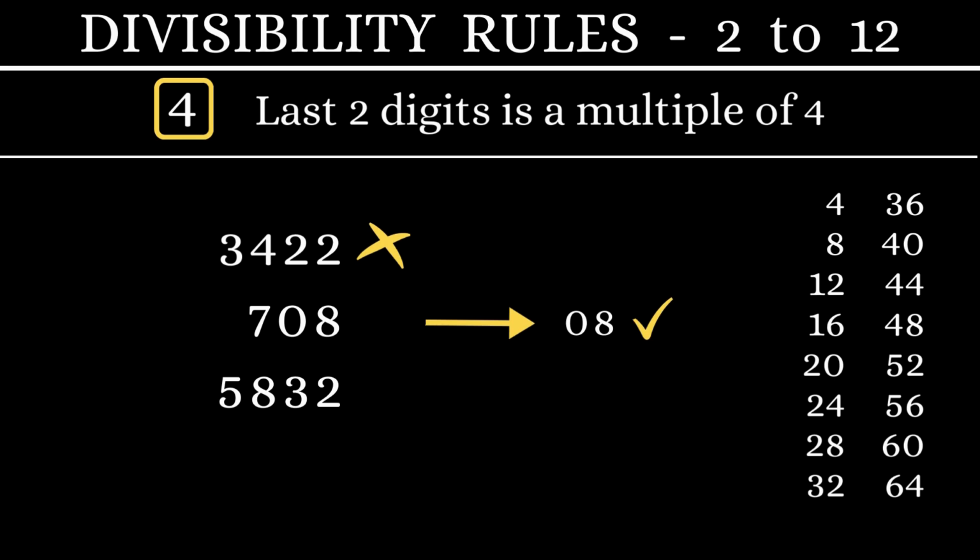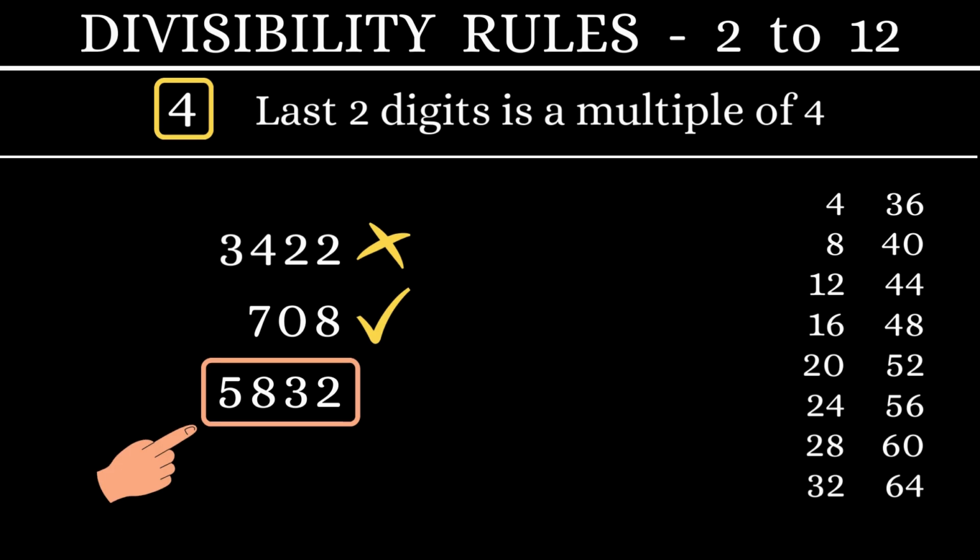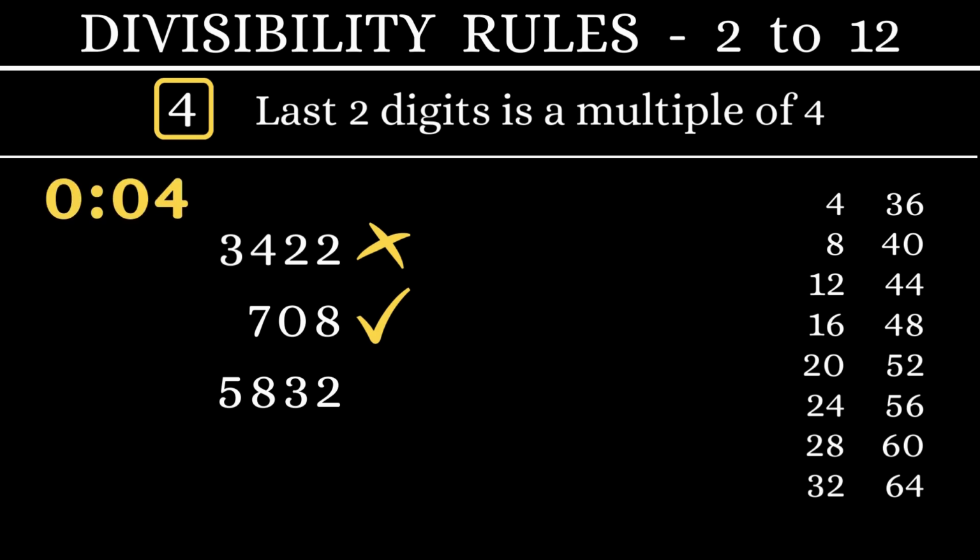Hence, the number 708 is divisible by 4. As usual, the last example is for you to work out. And the answer is yes, it is divisible by 4.